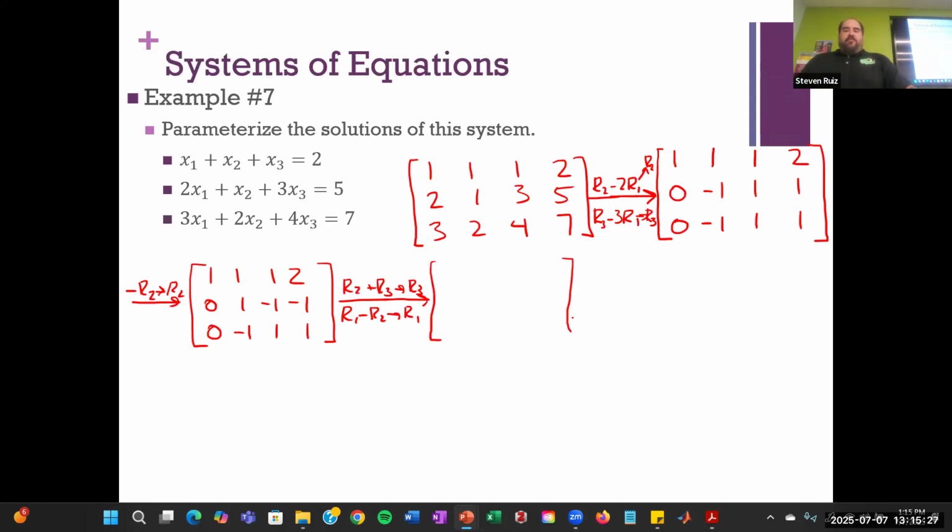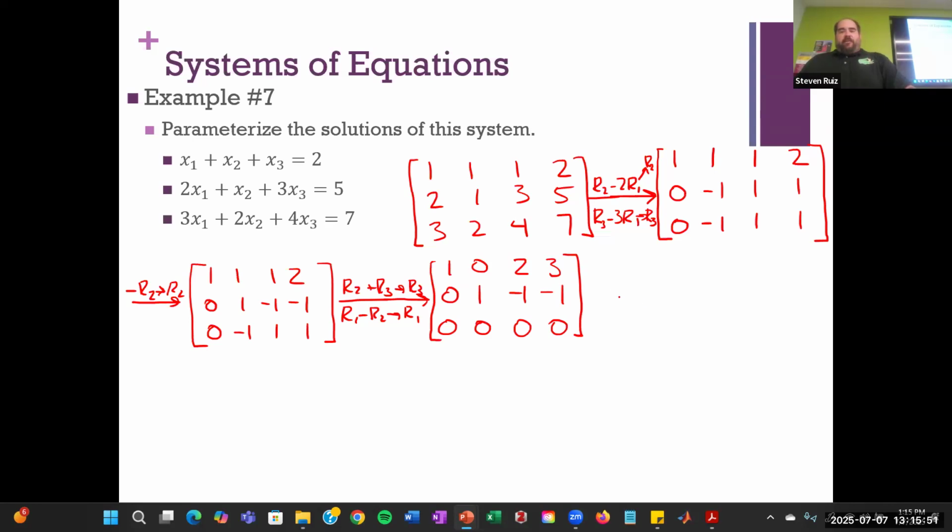So because of what was pointed out about row 3, it goes away. And then what does row 1 become? 1, 0, 2, 3.